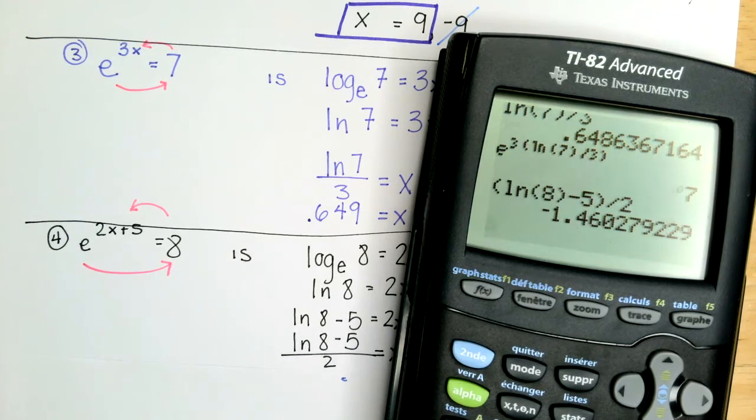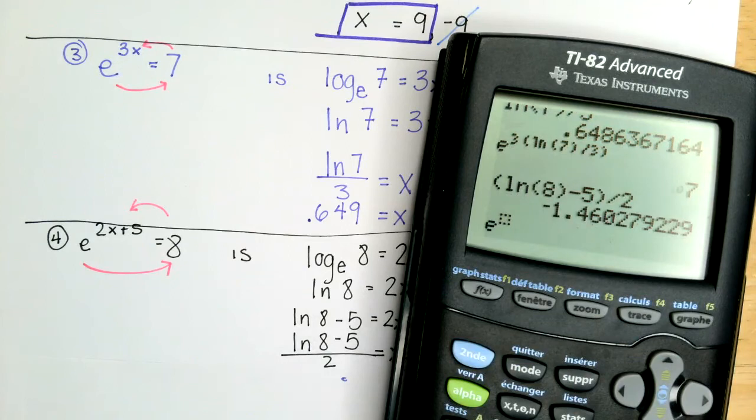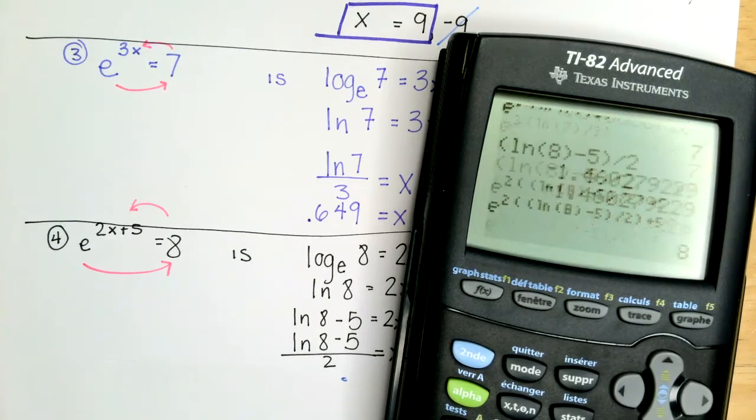And I check. So e to the power of 2 times natural log of 8 minus 5 divided by 2, plus 5 is 8.